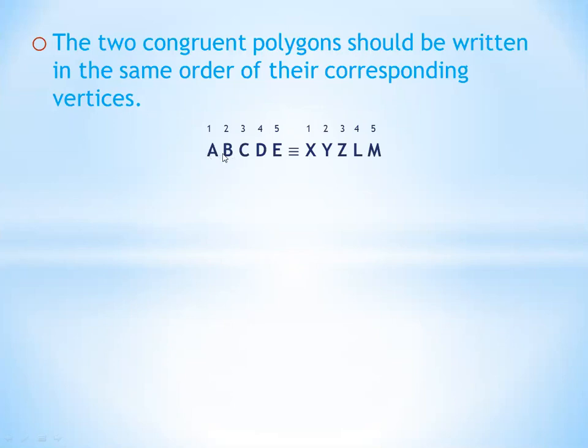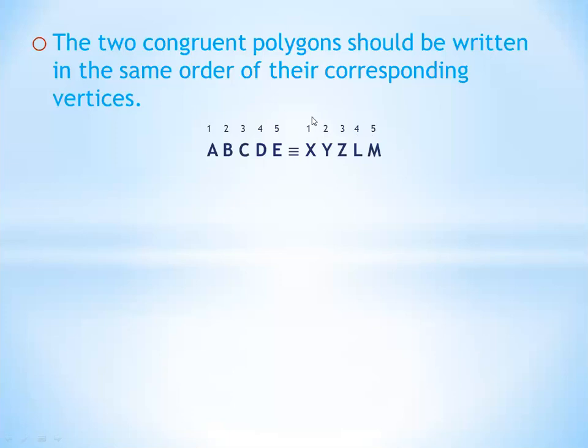Here I have A, B, C, D, E. So I will write 1 for A, 2 for B, 3 for C, 4 for D, 5 for E. And on the other polygon, I will write the same numbers in the same order. 1 for X, 2 for Y, 3 for Z, 4 for L, 5 for M.